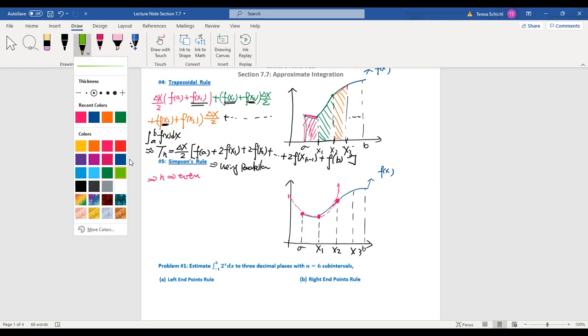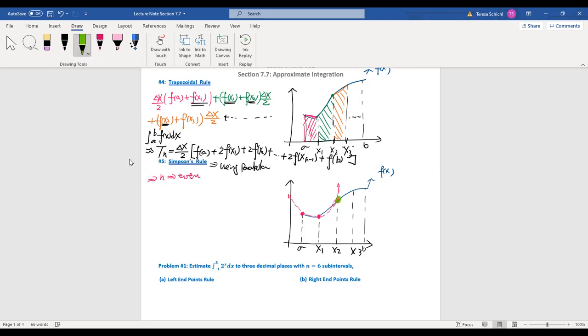For this curve, I need here and here, so my quadratic is going to go like this. Maybe I'm going to use a quadratic to approximate this part of the curve. So it turns out the quadratic or parabola is a very good approximation for the integration if your function is a curve.